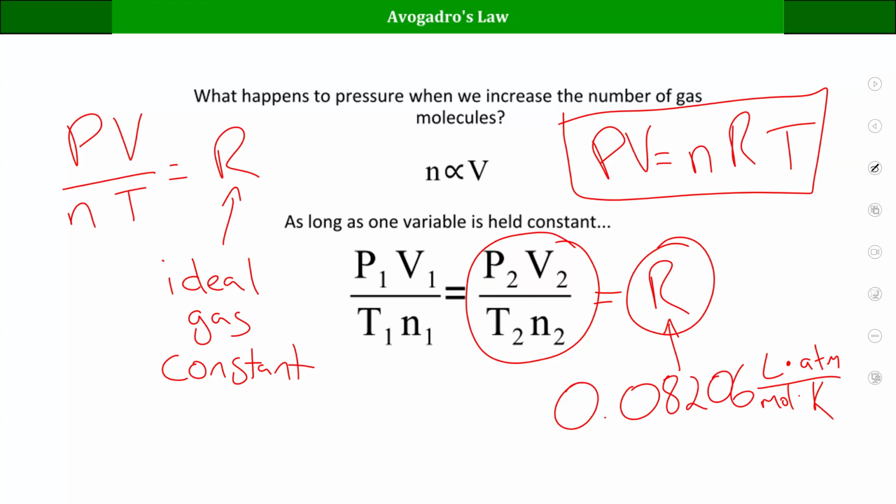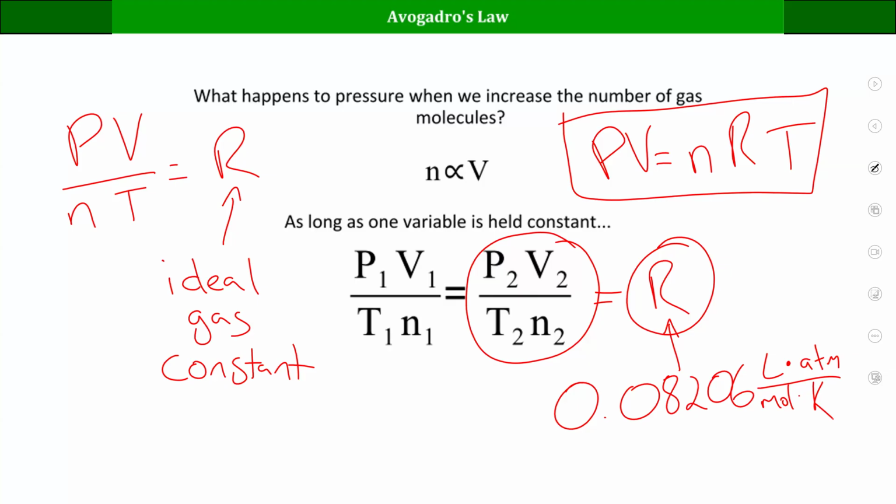So rather than have a whole bunch of different R values that you have to memorize or look up which one to use, I only put one. I guess there's 2 on your conversion sheet. Only one that's in gas law units though. The other one is in joules per mole Kelvin, and we use that when we're talking about energy more.